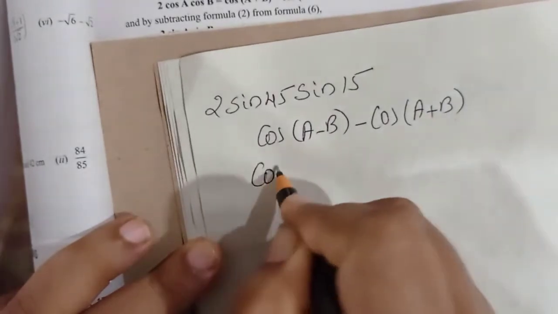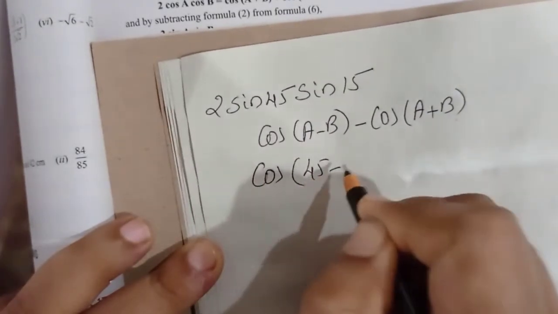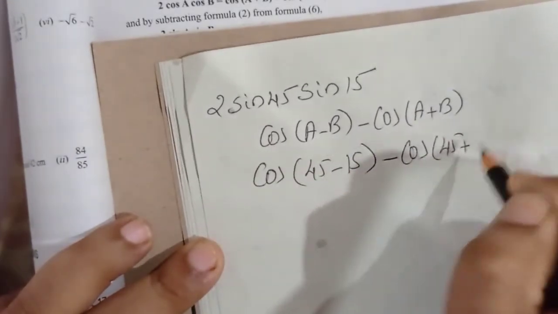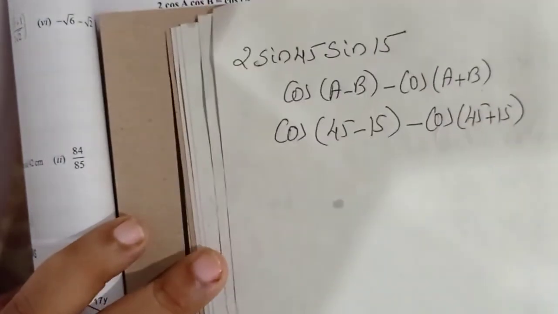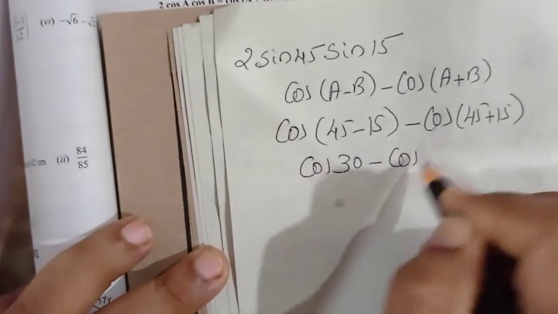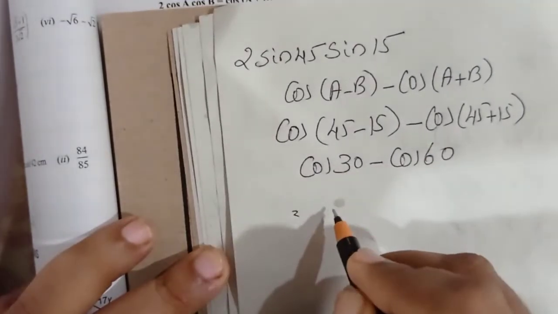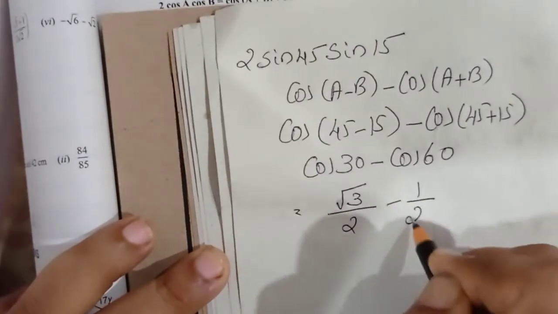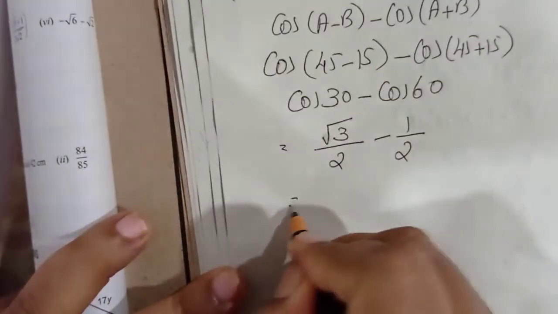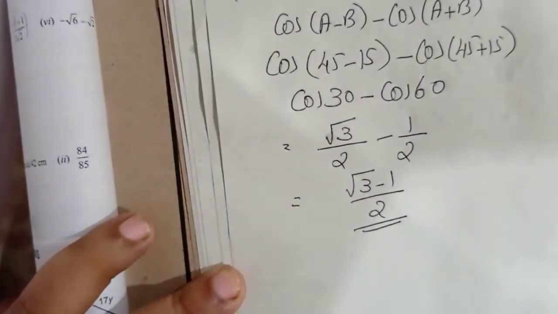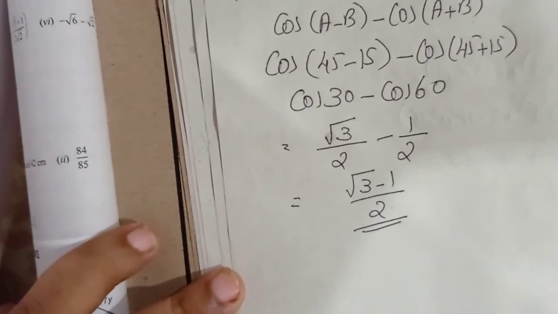Then what is cos difference? Cos 45 minus 15 minus cos sum means 45 plus 15. Therefore, cos 30 minus cos 60. What is cos 30? Cos 30 is root 3 by 2 and cos 60 is 1 by 2. Therefore, the final value, root 3 minus 1 the whole by 2. Okay.